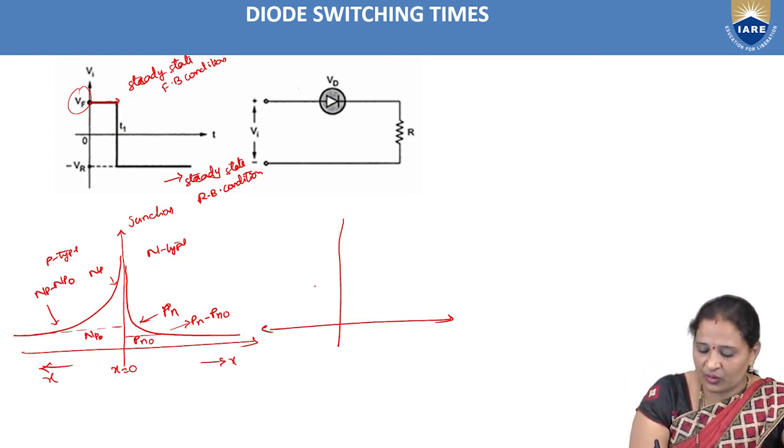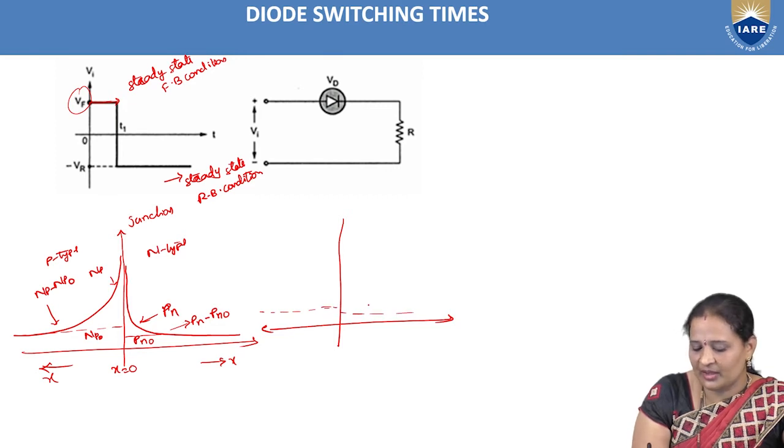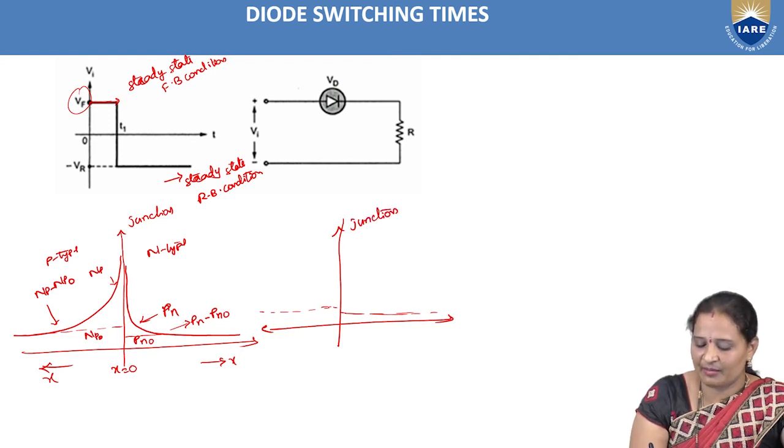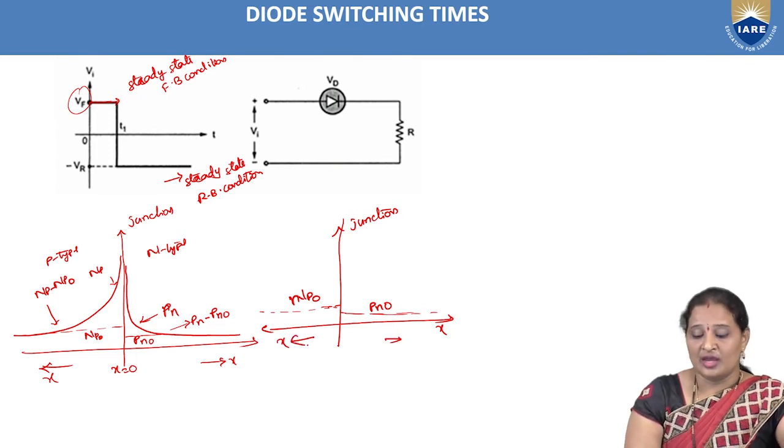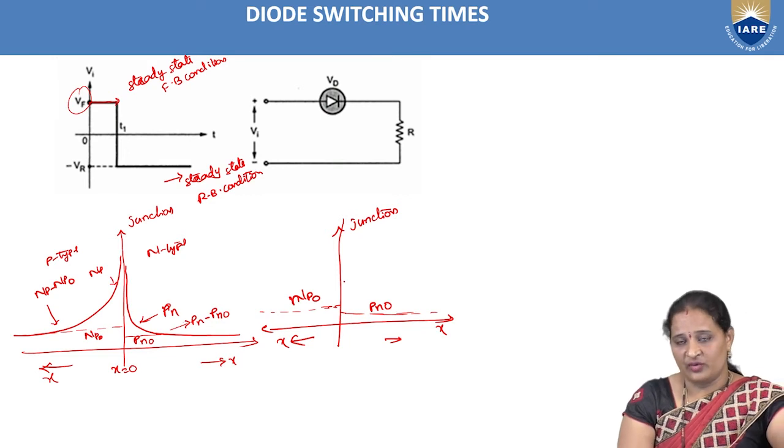First it will go to the equilibrium state, and then it will enter the reverse bias condition. This is the equilibrium condition, and the minority charge carrier concentrations are Np0 here and Pn0 here.